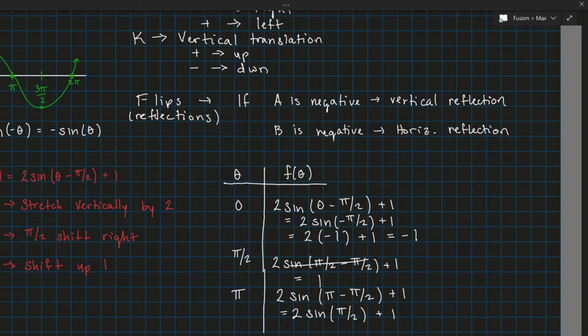What comes out of a sine function is going to be just a number. There's not going to be a pi in it usually. So sine of pi over 2, that's the y coordinate of pi over 2. What's that? 1. Good. So that's 2 times 1 plus 1, which is 2 plus 1, 3.